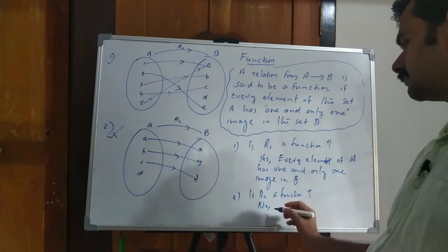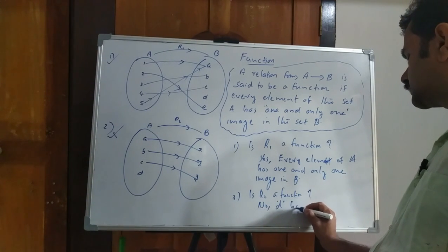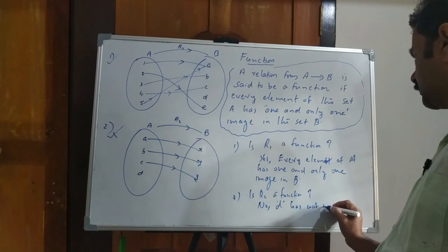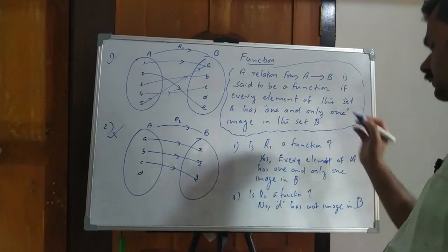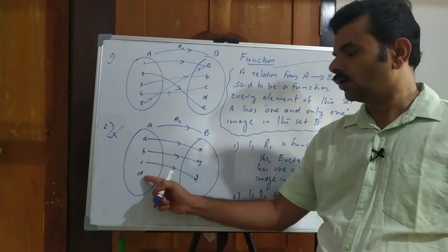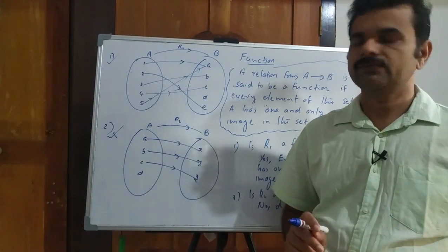R2 is not a function because D has no image in the set B. Therefore, R2 is not a function.